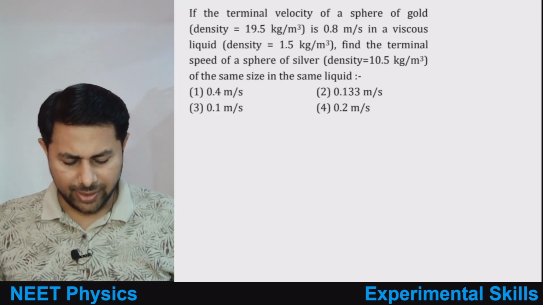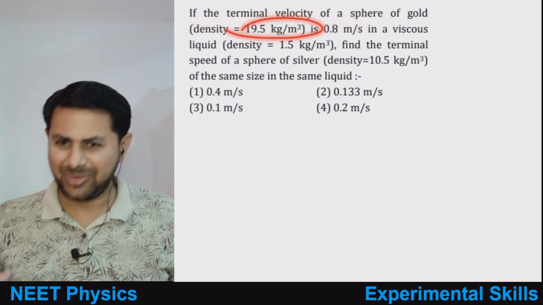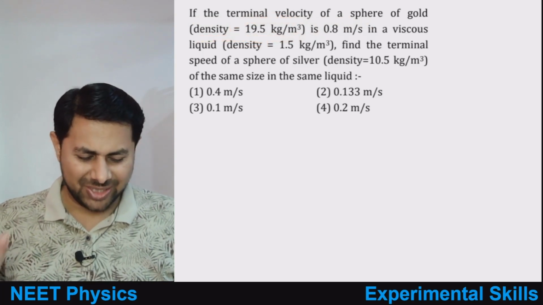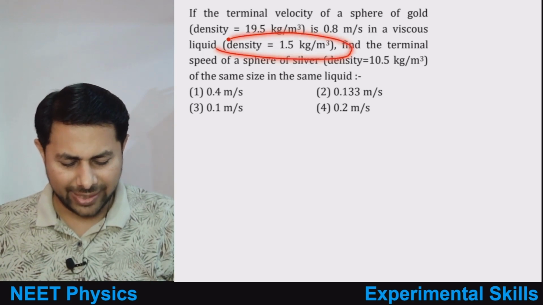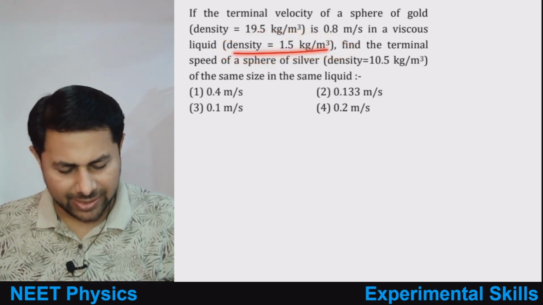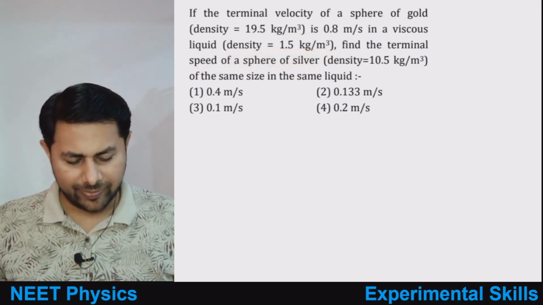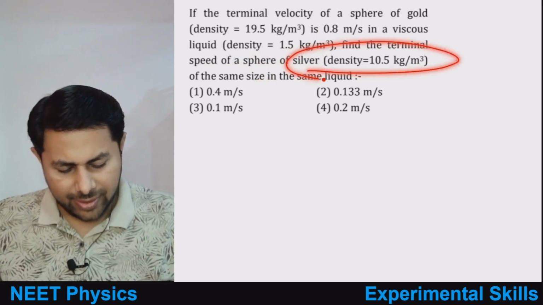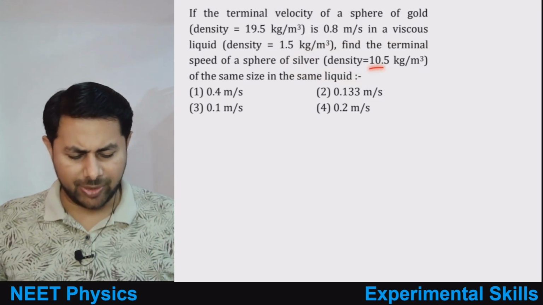Let's see the next one. The terminal velocity of a sphere of gold, having density 19.5 kg per meter cube, is 0.8 meters per second in a viscous liquid having density 1.5. Find the terminal velocity of a sphere of silver of the same size, that means the radius is the same, and its density is 10.5 kg per meter cube.